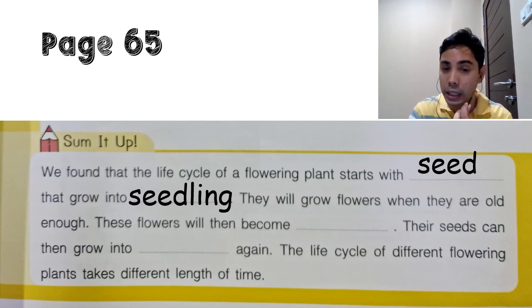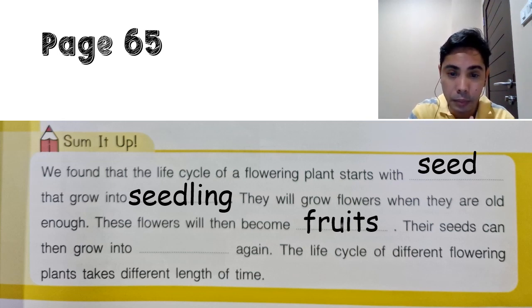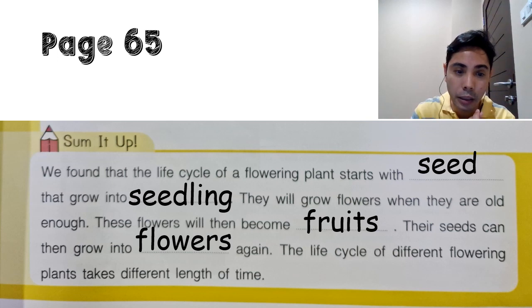Seedling. And they will grow flowers. When they are old enough, these flowers will then become fruits. And their seeds can grow into flowers again. And the life cycle of the plant starts all over again.